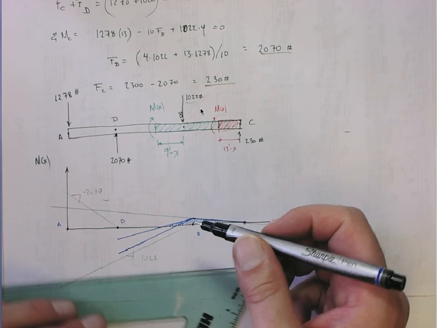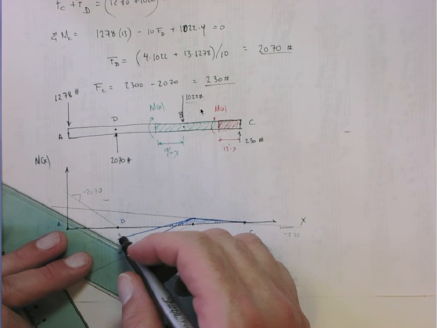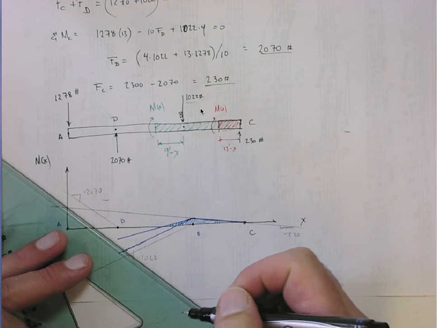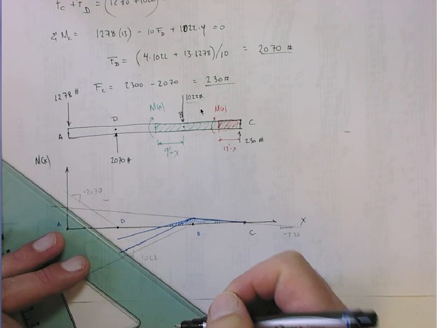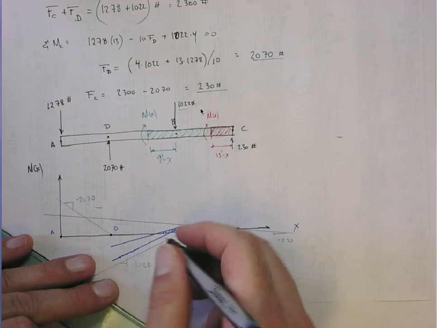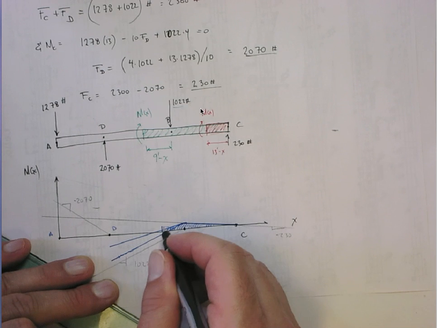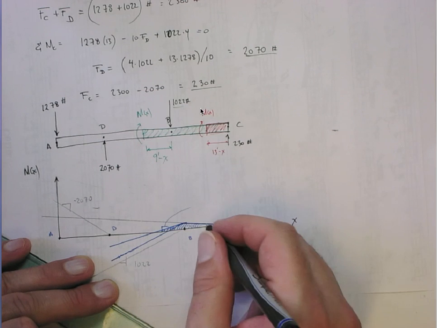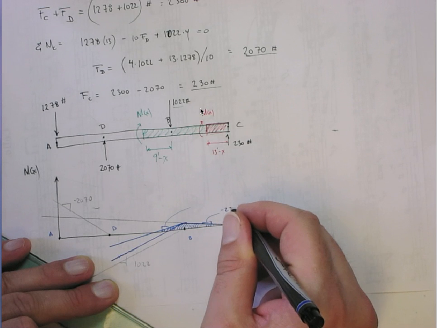And then it's going to go up with a slope of, so this one, I'm screwing this up. So this slope here, the actual one, is going to be the minus 230.